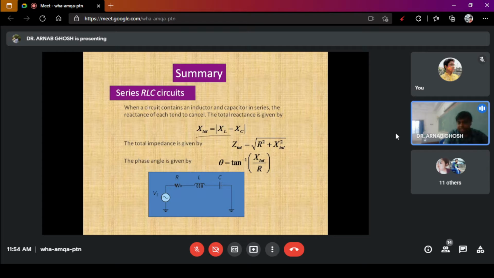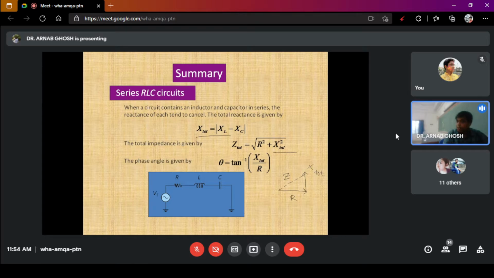What is the total impedance Z? Z is equal to root of R square plus X total whole square. Why are we writing this? Because from this expression itself, you can understand that this will be your X total, and this will be your impedance Z.